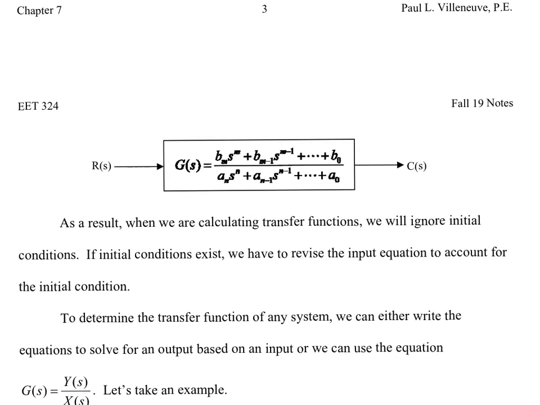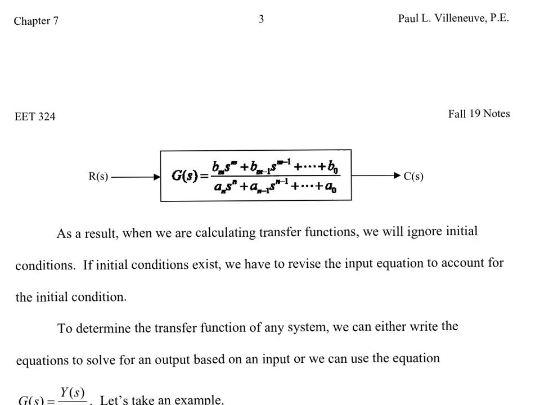And that's my transfer function. My transfer function is G of s, and it has all the b's in the numerator and all the a's in the denominator. And our input is r, and our output is c. One key thing here to make our approaches work, and we haven't talked about that: s to the n had better be a greater power than s to the m.